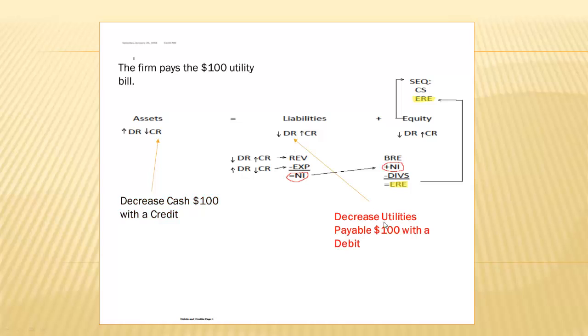Our utilities payable, we no longer owe that. We just paid it. So we're going to reduce utilities payable with a $100 debit. In effect, we have decreased assets by $100, and on the other side of the equation, we've decreased liabilities by $100.